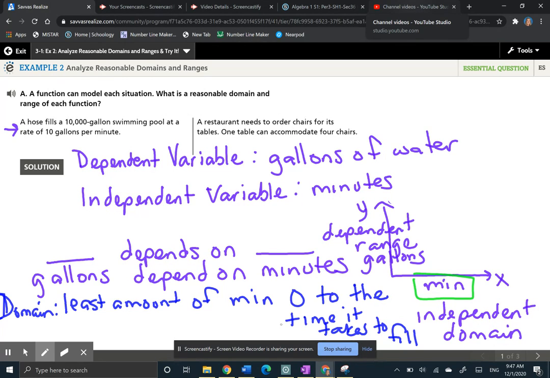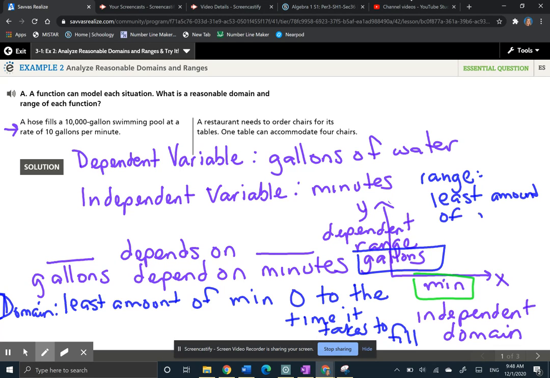Now my range is the gallons, right? So what is the least amount of gallons that I can have? My range, the least amount of gallons, is 0.